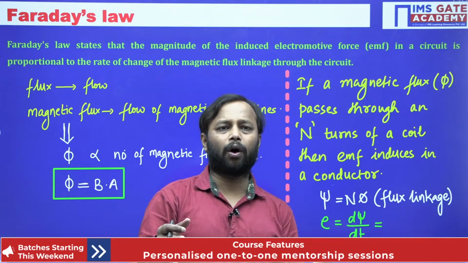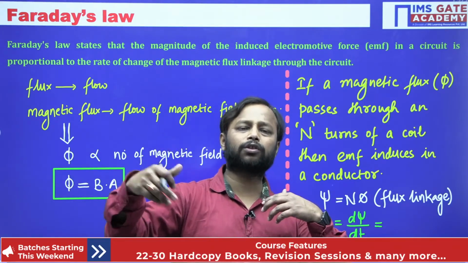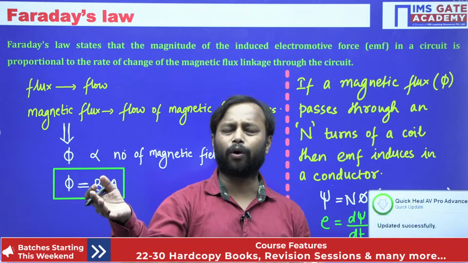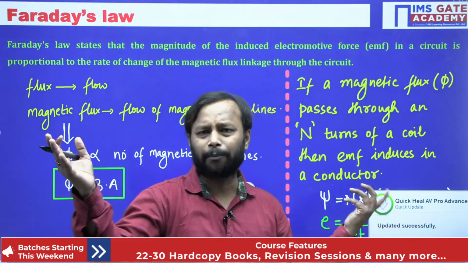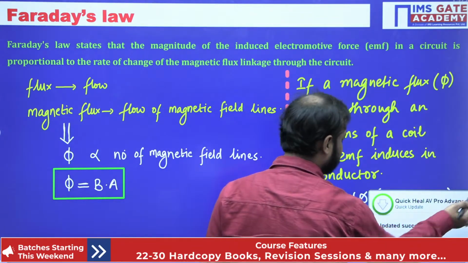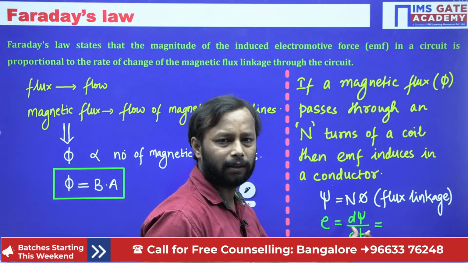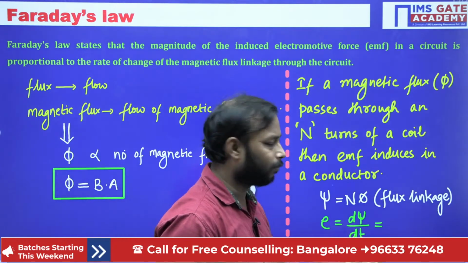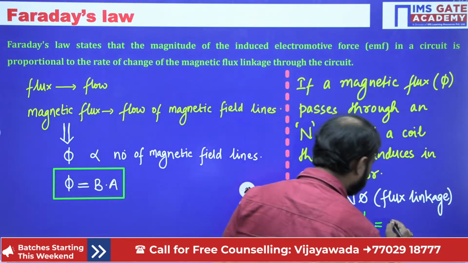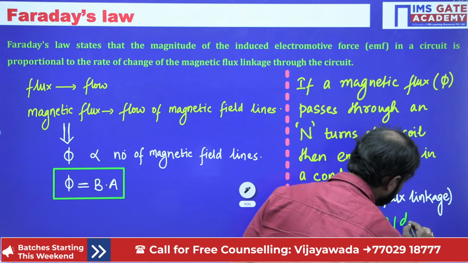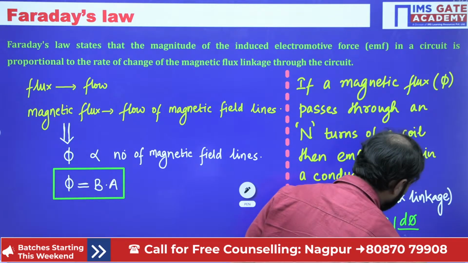Whatever turns you have made already will not change with respect to time. So N is constant and will not be affected by time variation, so you will have N d phi by dt.